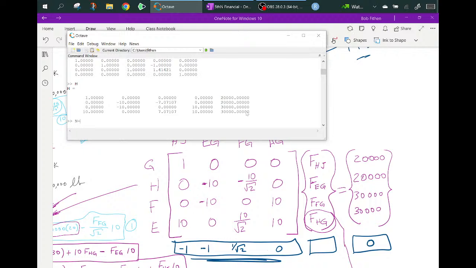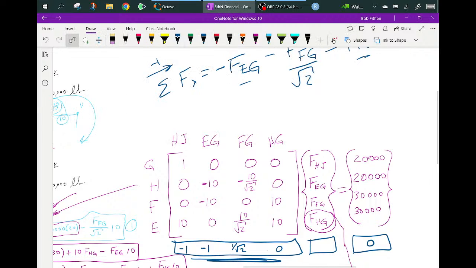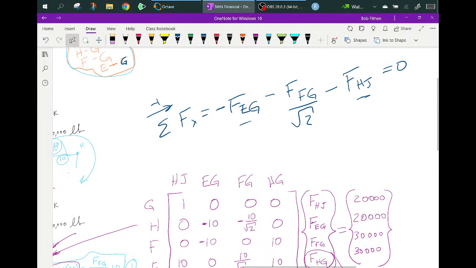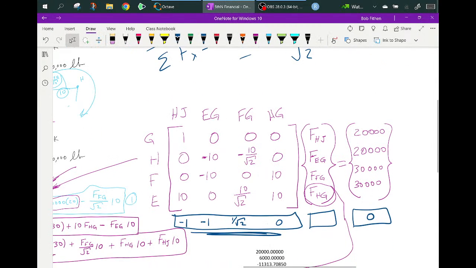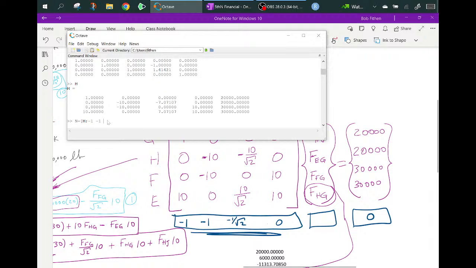N is going to be equal to this. And I'll say M, a new row, and in that new row is going to be minus 1, minus 1 over square root of 2. Was that a minus 1 over square root of 2? Yeah, it was. That should have been a minus. Minus 1 divided by square root of 2.